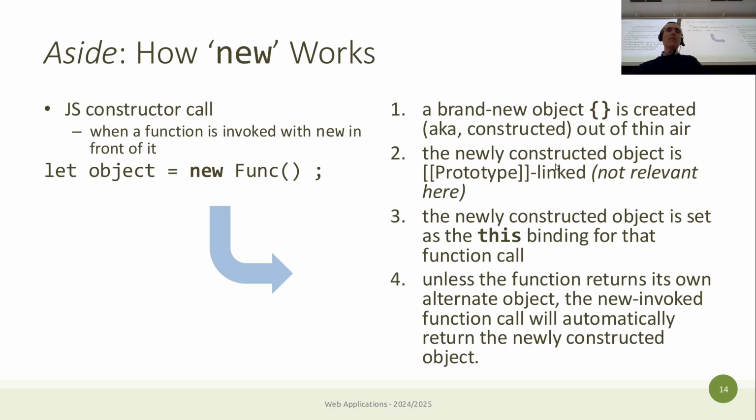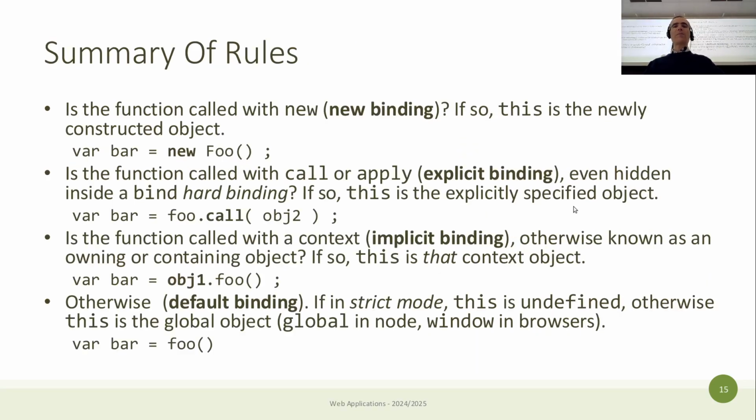I think we can skip this slide, just the technicalities, but since we are not going to see the prototypes and so on, it's probably not so useful to go deep into this many details. So the summary of the rules is, you call it with the new, that's a newly created object. You use call or apply or the bind, you decide which object is attached because you pass it to a function.